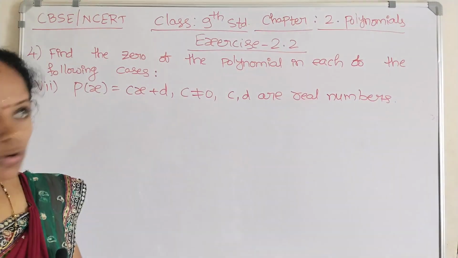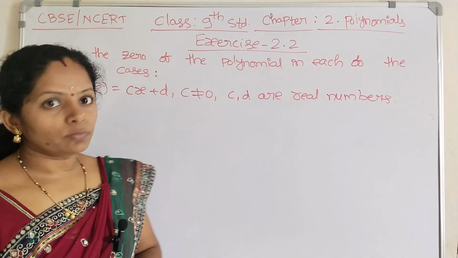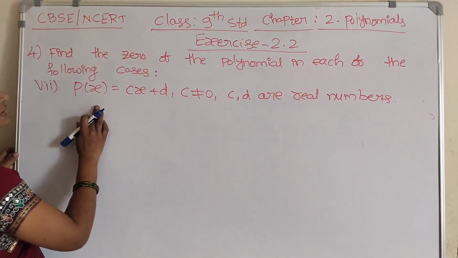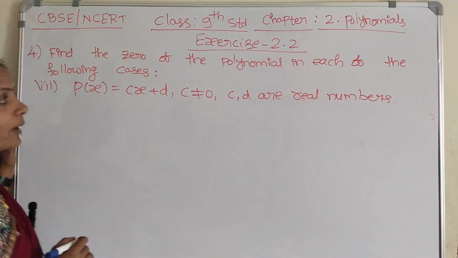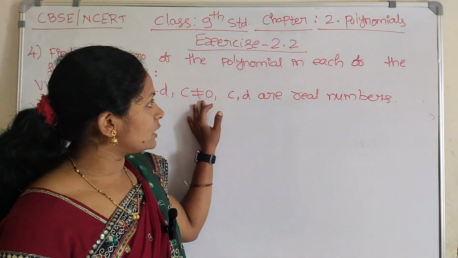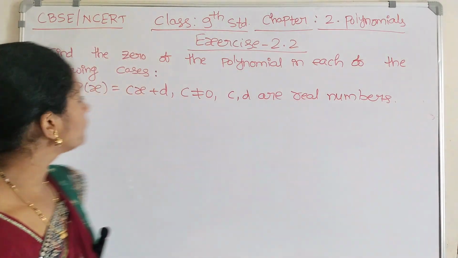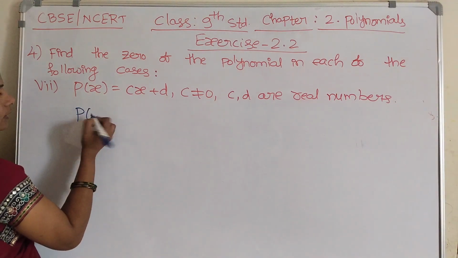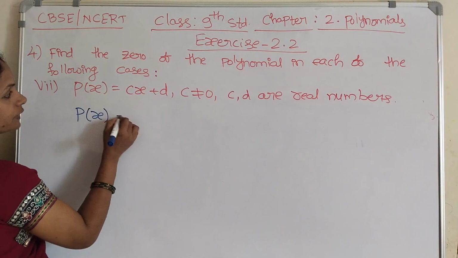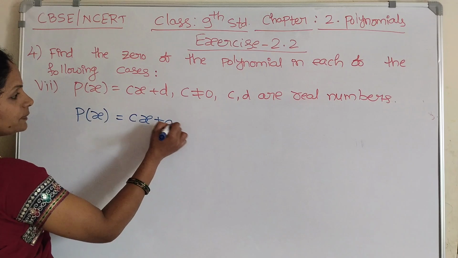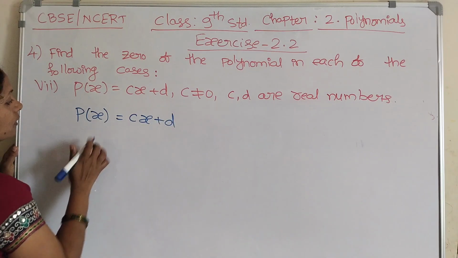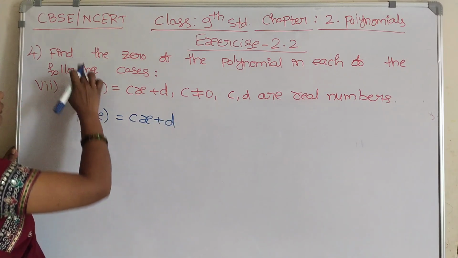The last question of the exercise 2.2 is p of x is equal to cx plus d, comma c is not equal to 0 and c comma d are real numbers. I will tell you the meaning of this. Let me solve this question. P of x is equal to cx plus d. So here we are finding the zeros.